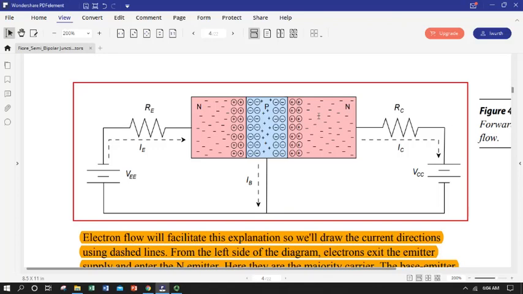Now, if we were conventional current, we'd be looking at this and going, I can't get across this. This is reverse biased. But we're electrons. We're pushing an electron across this. So electrons are going to get to this interface, and they're going to see what's effectively here in this region.